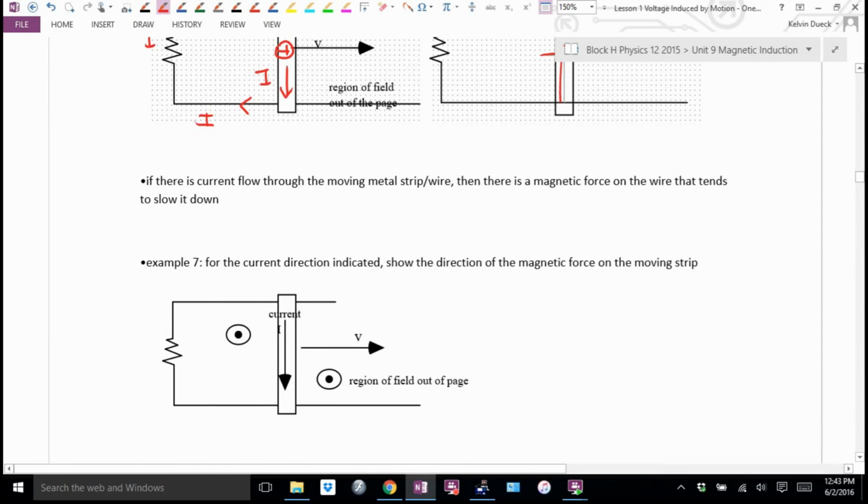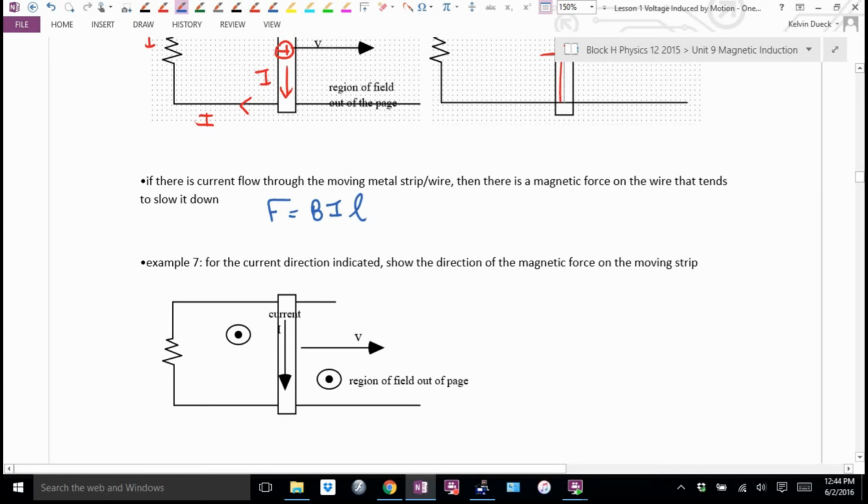Hey, wait a minute. If there is a current flow through the moving metal strip of wire, then there must also be a magnetic force, because once you have current, you have that.